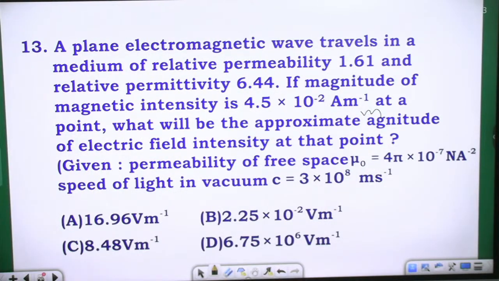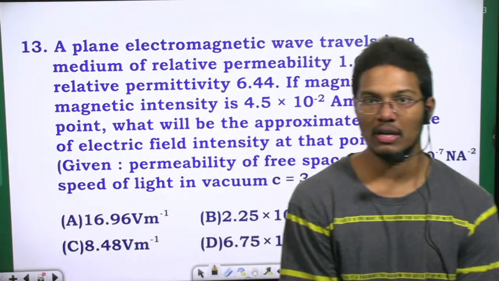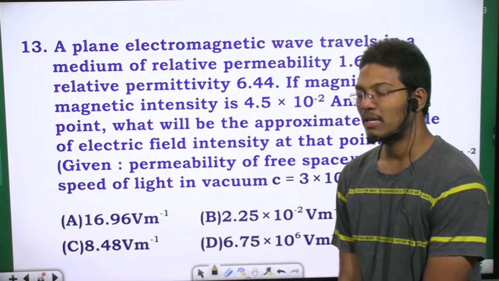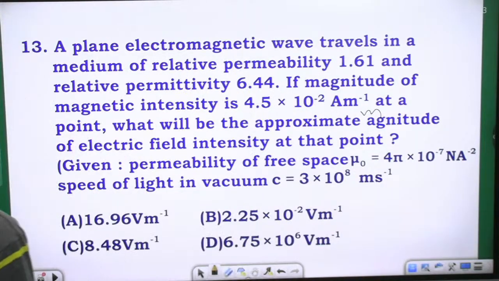Given the permeability of free space, and the speed in vacuum is 3 into 10 power 8. What is an electromagnetic wave? An electromagnetic wave is a combination of electric and magnetic fields which are perpendicular to each other. They propagate perpendicularly to each other. Here the magnetic intensity is given, and he is trying to ask the electric field intensity at that given point.